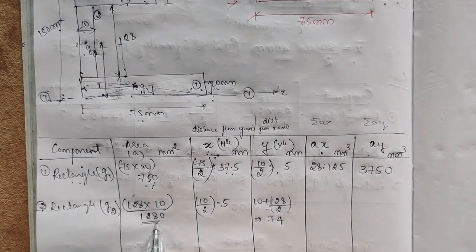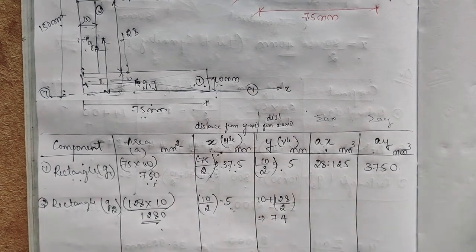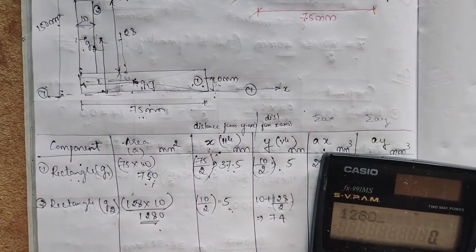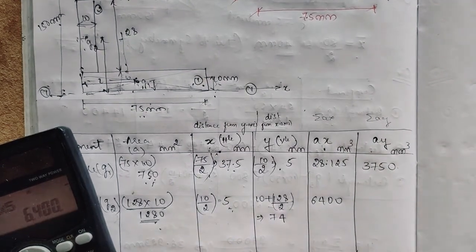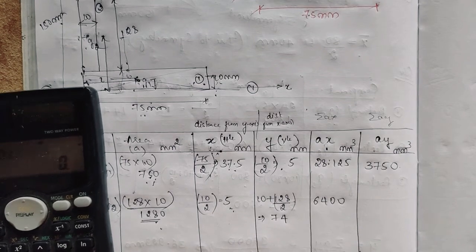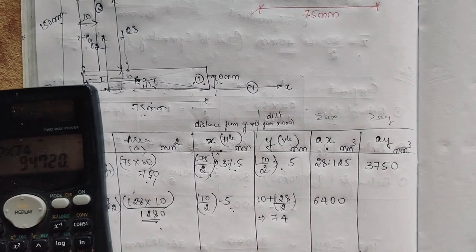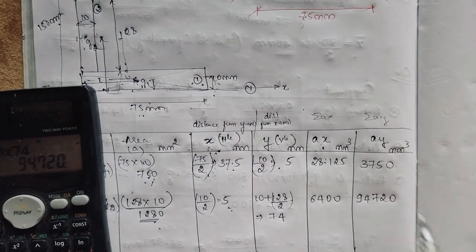Now 1280 into, I want A into x. So 1280 into 5, that is 6400. Now 1280 into 74 will be 94,720.